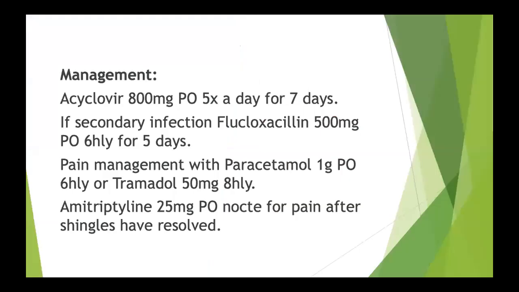For management, we use acyclovir 800 milligrams per os 5 times a day for 7 days. If there is secondary infection, we use flucloxacillin 500 milligrams per os 6 hourly for 5 days. For pain management, we use paracetamol 1 gram per os 6 hourly, or tramadol 50 milligrams per os 8 hourly.